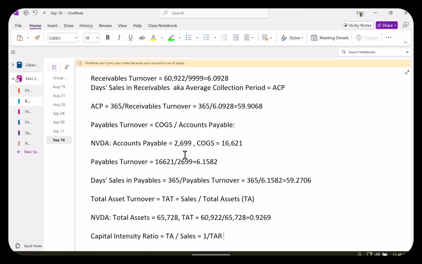How many dollars of assets do I need for $1 of sales? Not TAR, TAT. So for NVIDIA, in order to generate $1 of sales requires $1.08 worth of assets.